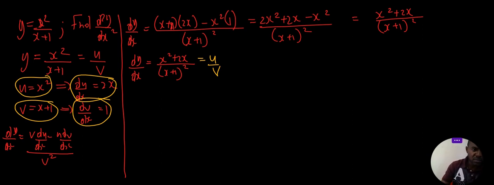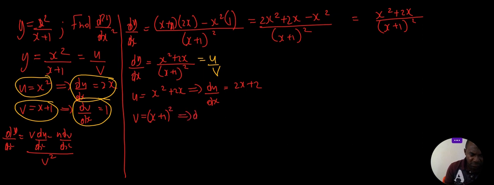So let u equal x squared plus 2x, which means that du by dx is equal to 2x plus 2. Similarly, let v equal x plus 1 squared.